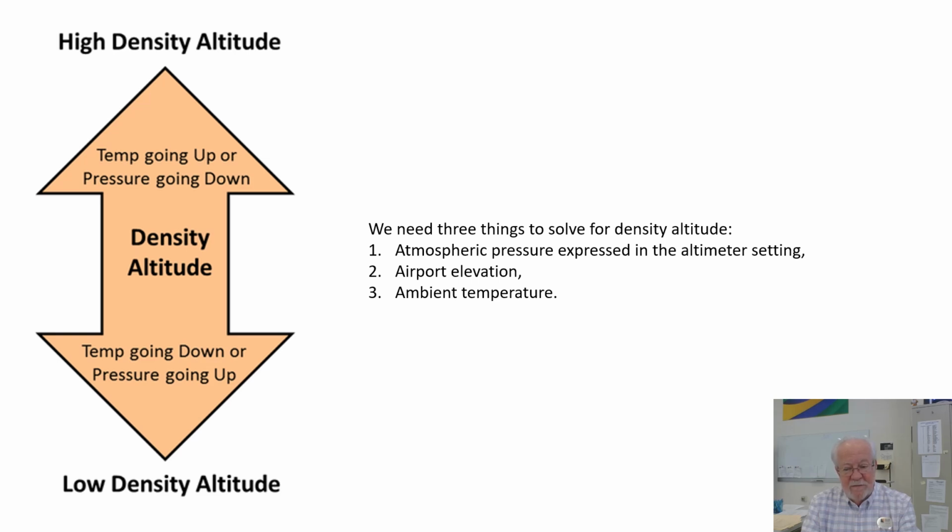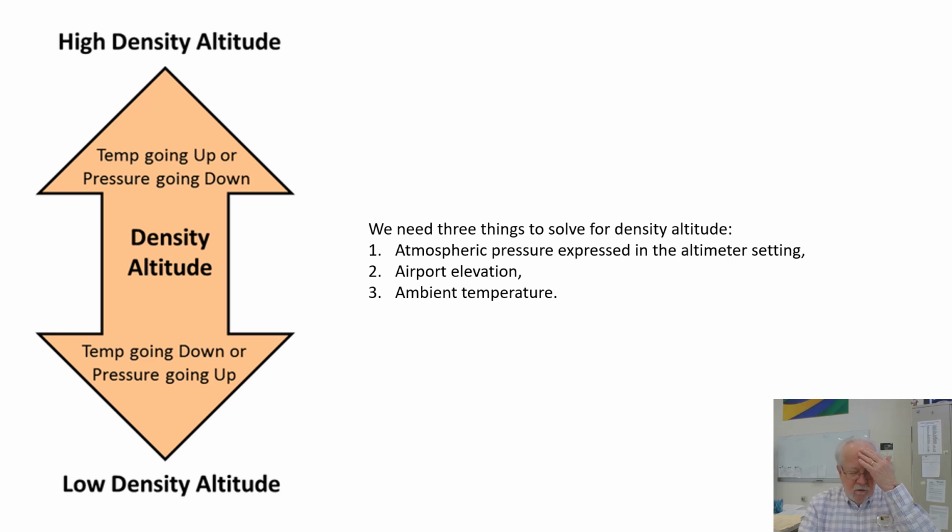So you may need to learn how to read aeronautical sectional charts to find the airport elevation. And of course, you need a METAR report with the ambient temperature. Actually, the METAR report will give you the atmospheric pressure, altimeter setting, and the ambient temperature as well. So you need those three things.